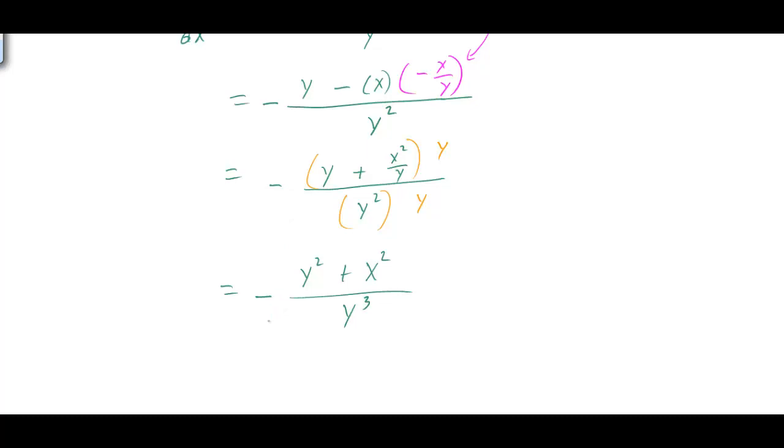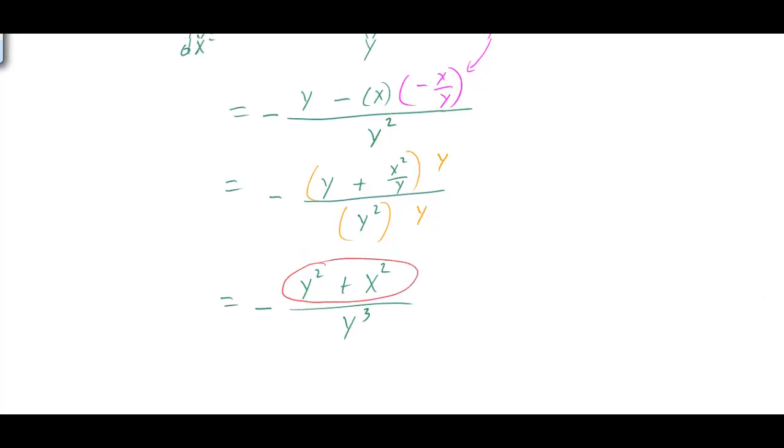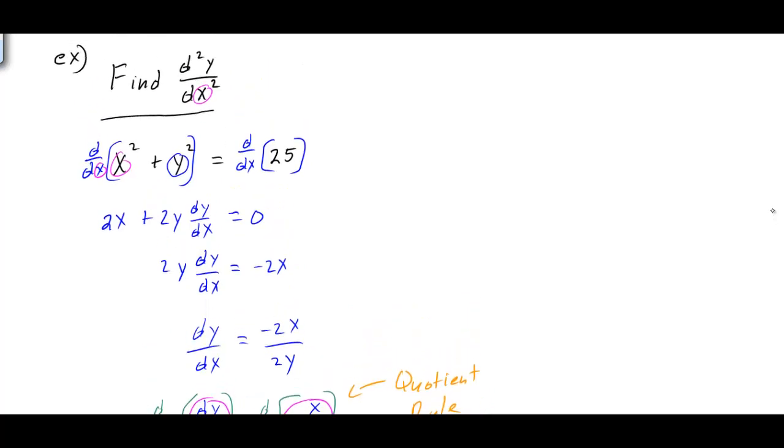And at this point, do you notice anything that we can do with this problem here, particularly with substitution? Maybe if you look at the y squared plus x squared, do you notice anything we can do here? Well, if we go all the way back up here to the original problem, it says x squared plus y squared is equal to 25.